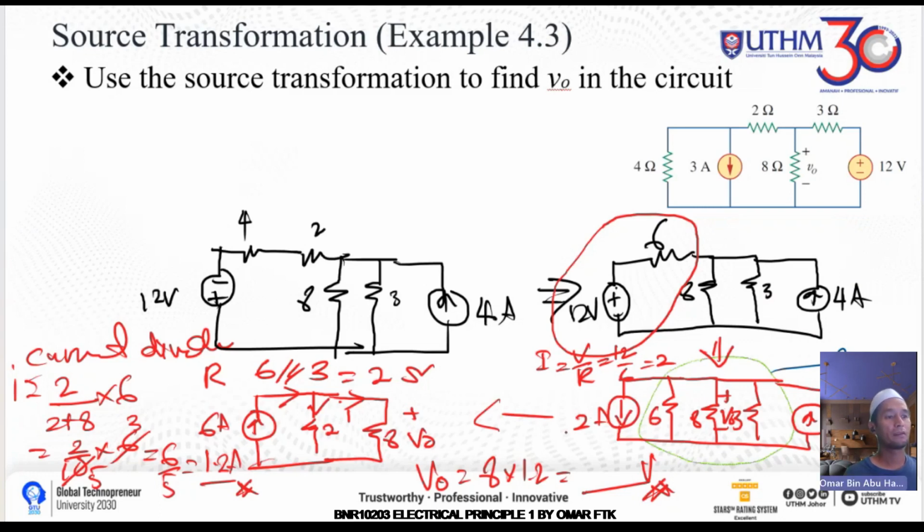So when we want to add, we cannot just add like this. Actually, 4 plus minus 2 will be 2 ampere here. Sorry. So that means this value will have a different value.